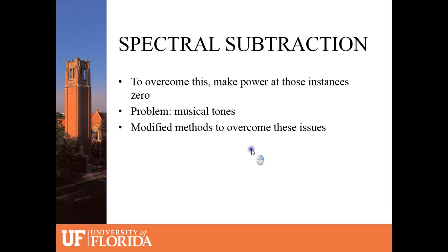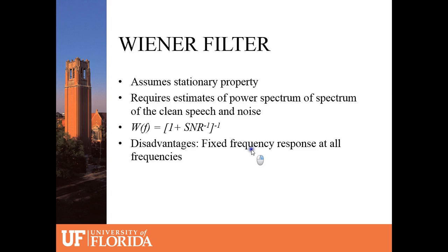And to overcome this issue, they just made the power spectrum to be 0 at all these instances. But the problem with this is there will be musical tones because of the other spectrum power. And there are other modified methods to overcome these issues.